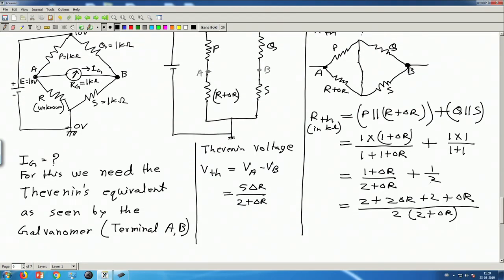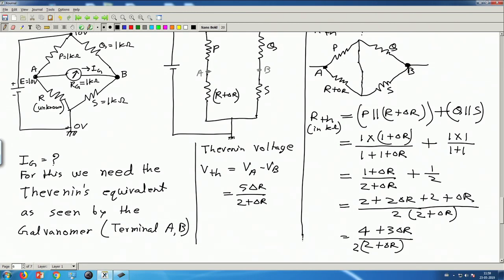Okay. So I guess my calculation is correct. 2 plus 2 delta R plus 2 plus delta R. So this is 4 plus 3 delta R divided by 2 plus delta R multiplied by 2.